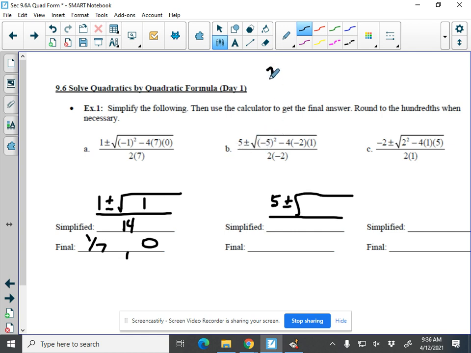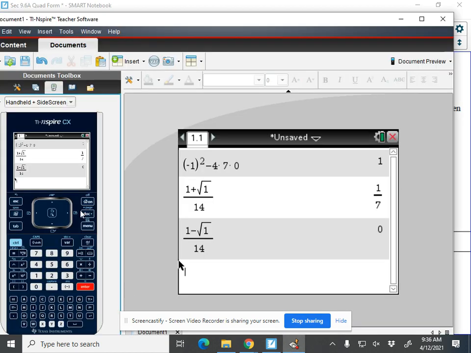Negative 5 squared would be 25. Negative 4 times negative 2 would be positive 8. Positive 8 times 1 would be positive 8. All of that, 25 plus 8, should be 33. We're going to find out if I got that right by actually typing it into the calculator.